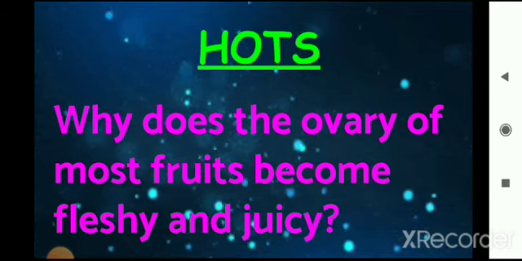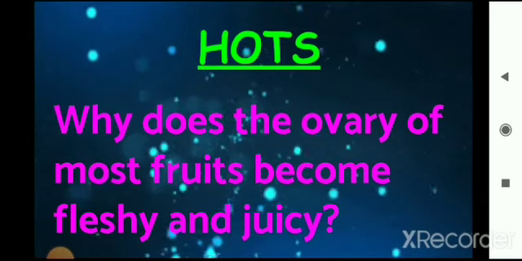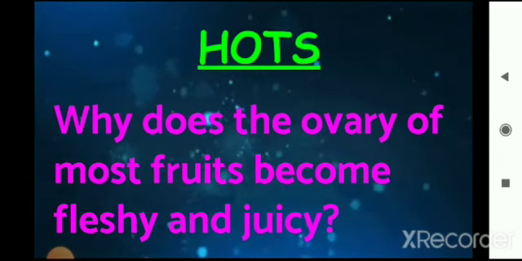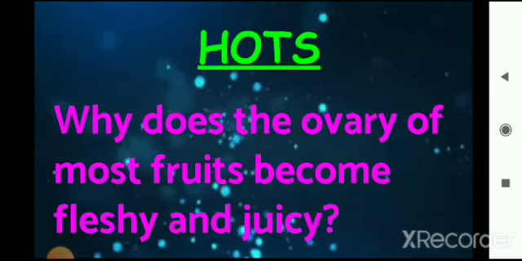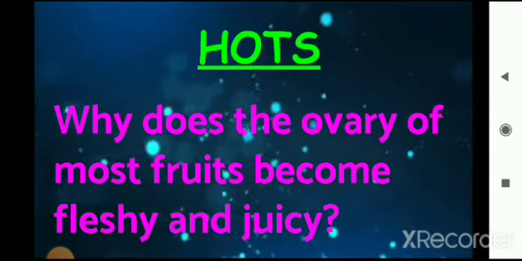Now, come to the higher order thinking questions. Okay? Your question is, why does the ovary of most fruits become fleshy and juicy? Pause the video and think about it. Why does the ovary of most fruits become fleshy and juicy?